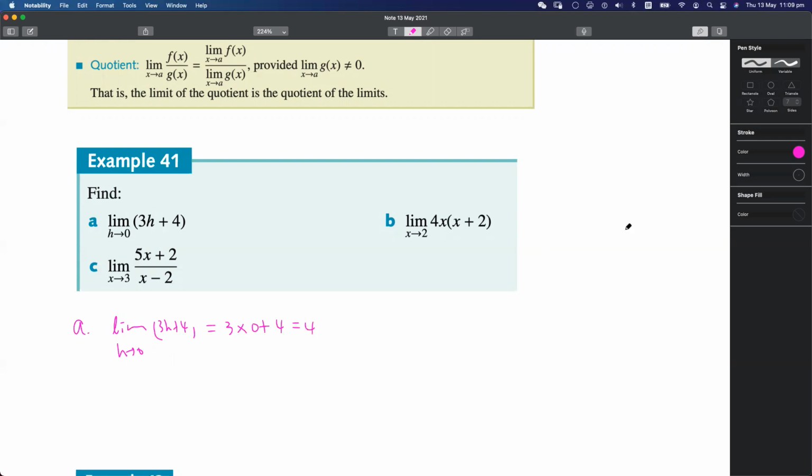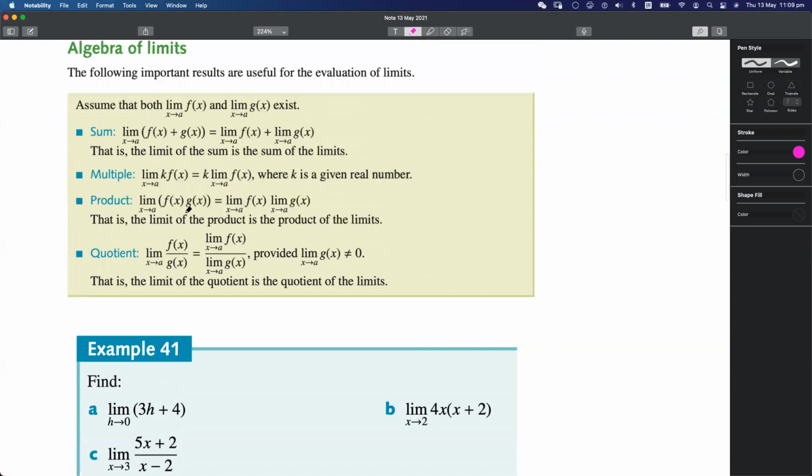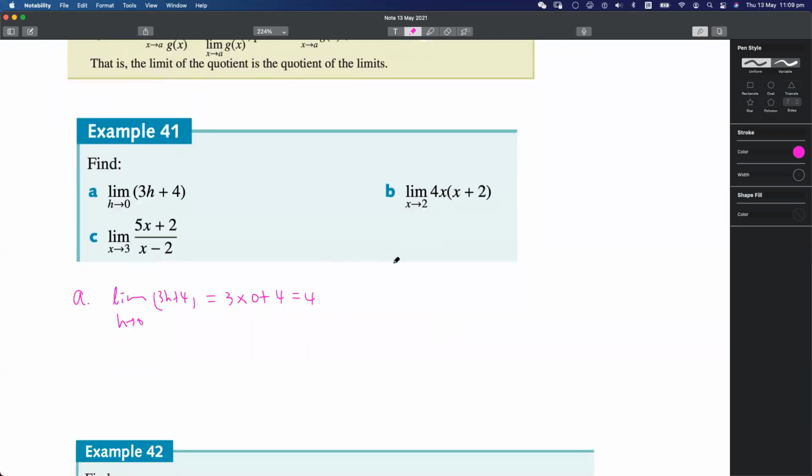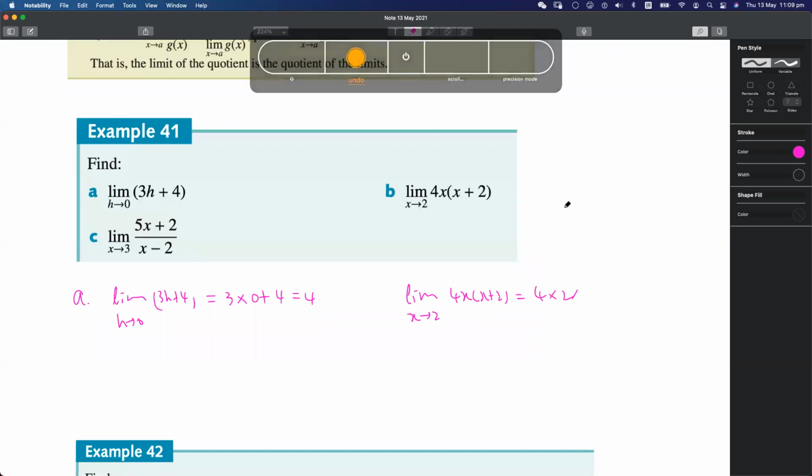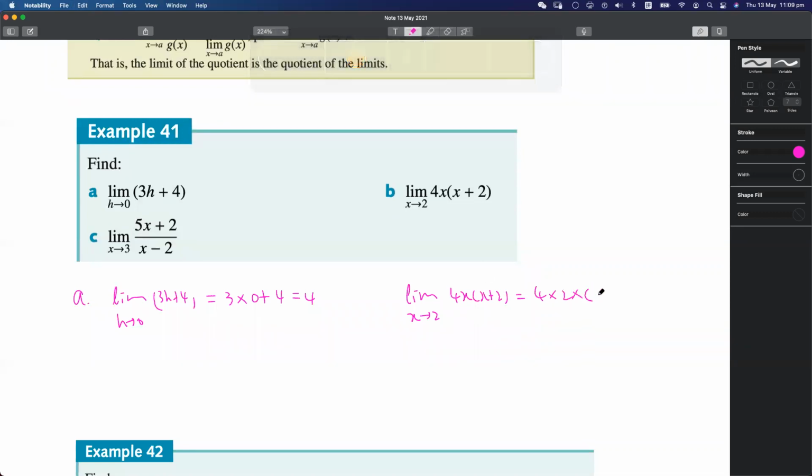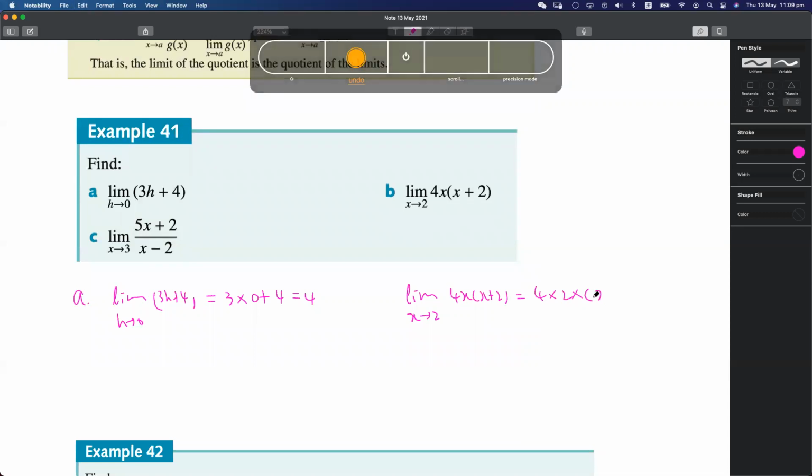You don't have to remember many things, and you don't have to do the algebra of limits. Just put it back. The limit as x approaches 2 of 4x times bracket x plus 2. This is going to be 4 times 2 times bracket, here x is equal to 2, 2 plus 2.